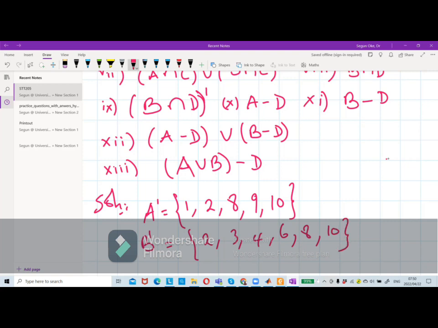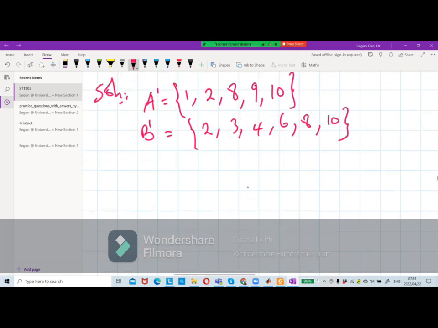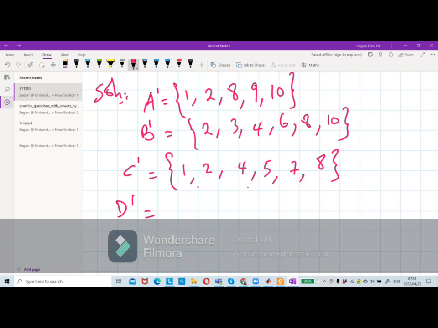Let's look for C. C prime, that is C complement, will be 1, 2, 4, 5, 7, 8. Then the D complement will be 1, 3, 5, 7, 9, 10.